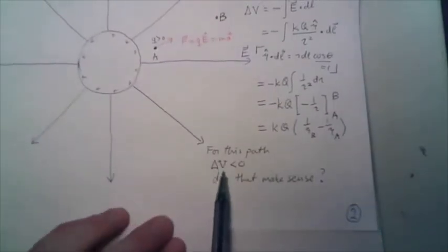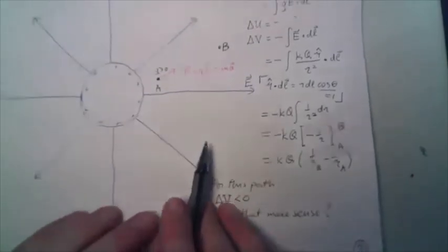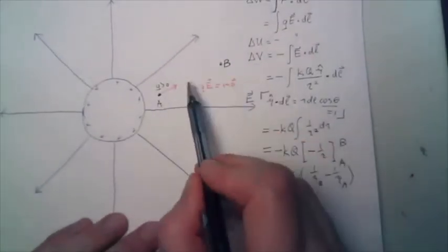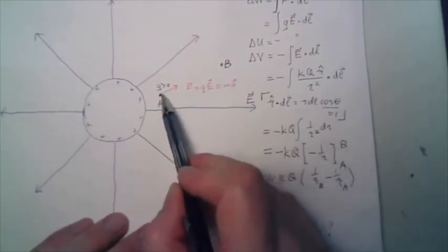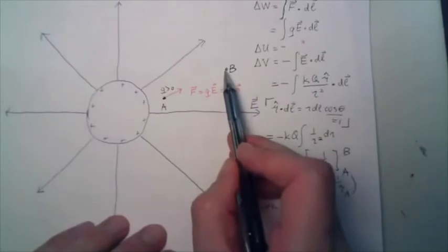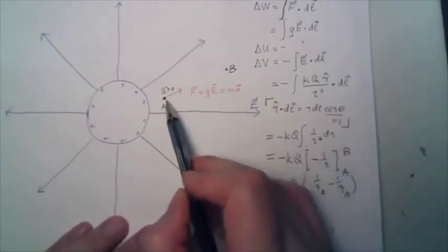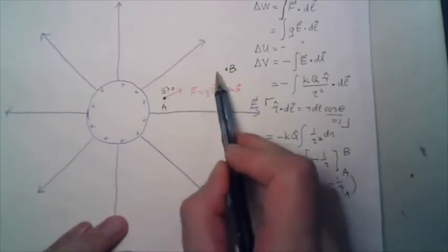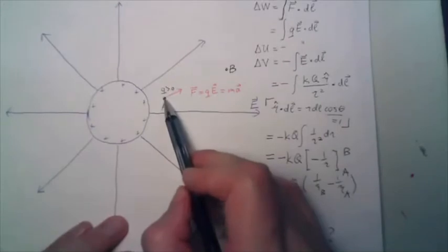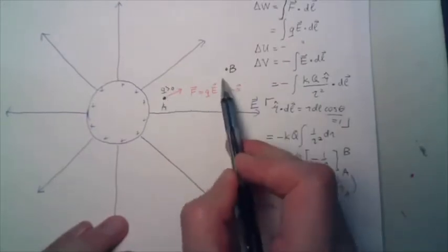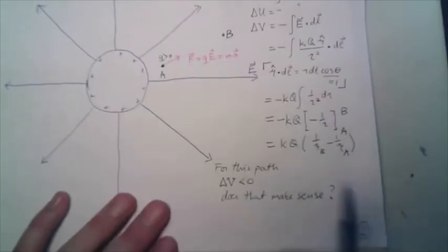Delta V is the potential change. If that's negative, that means that the potential goes down in this direction. Therefore, also the potential energy goes down in this direction. And that potential energy change comes at the benefit of a kinetic energy change. So the fact that the potential energy goes down means that the kinetic energy goes up, which makes sense because if we hold it here, we let it go, it's going to get accelerated, so the kinetic energy goes up. So this is perfectly fine that it's negative.